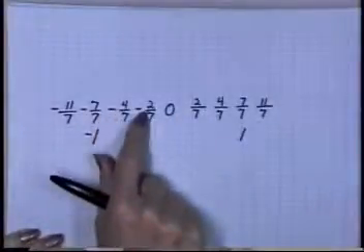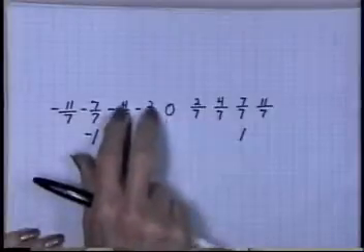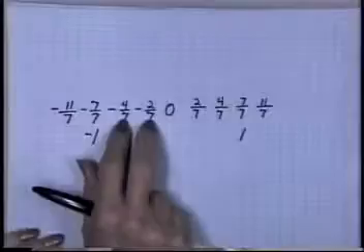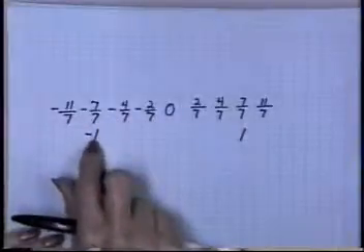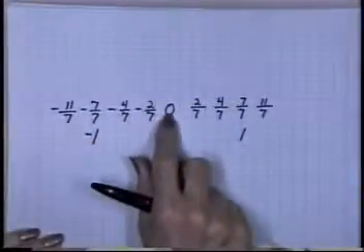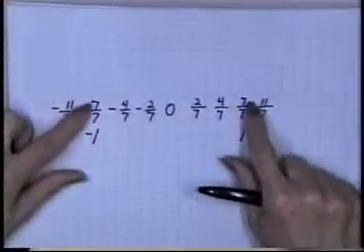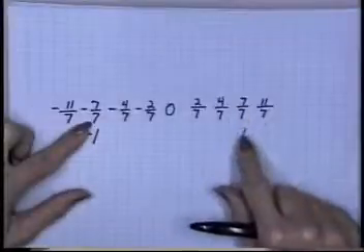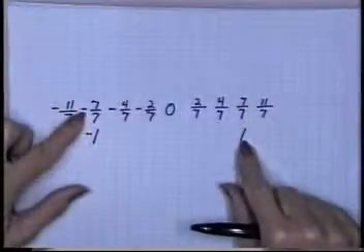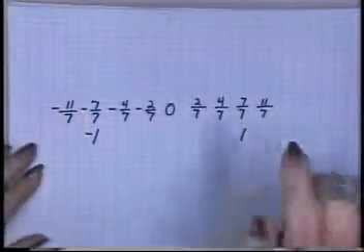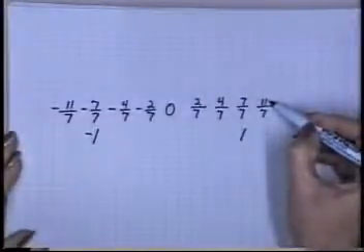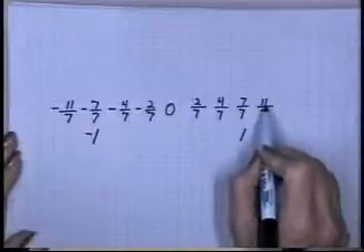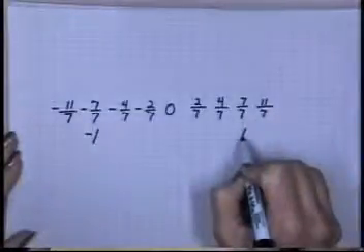In the case where we're talking about negative fractions, when the numerator is less than the denominator, then these numbers are numbers between -1 and 0. Of course, when the numerator equals the denominator, for positive fractions, that's the number 1, and for negative fractions, that's the number -1. And when the numerator is greater than the denominator, then that number is a number larger than 1.